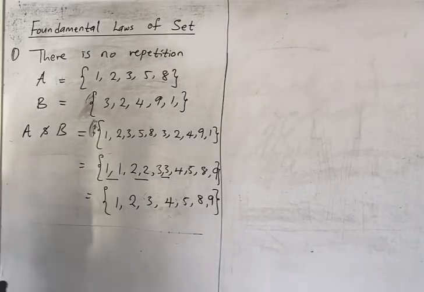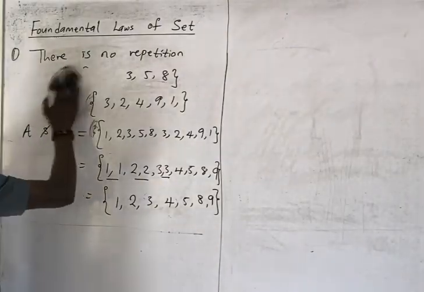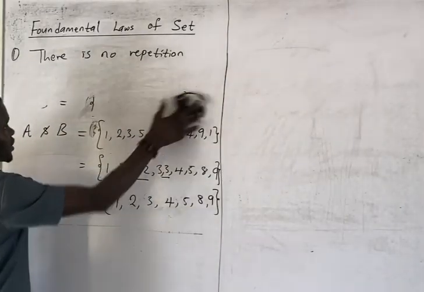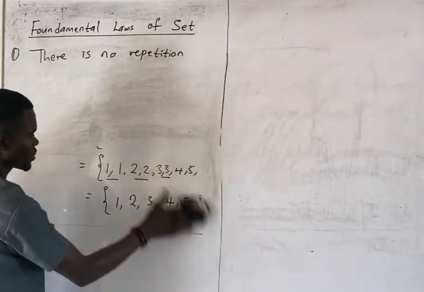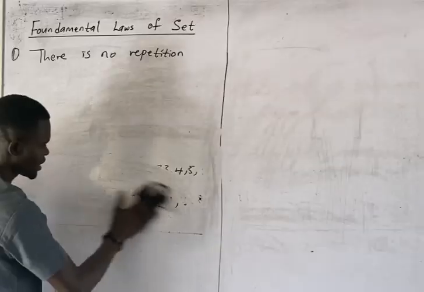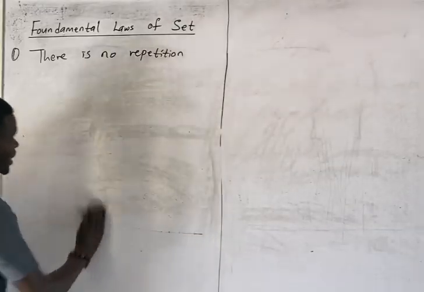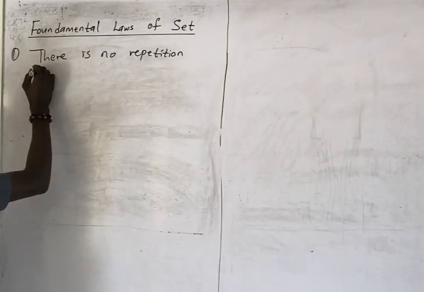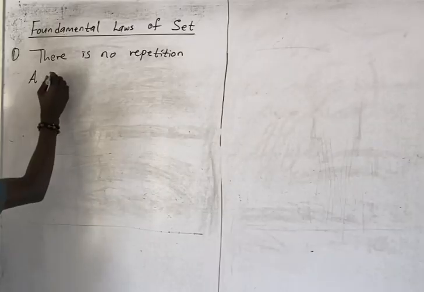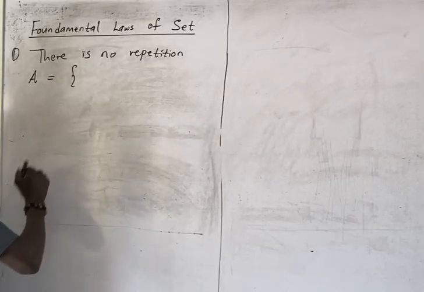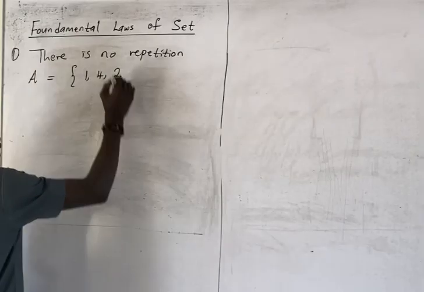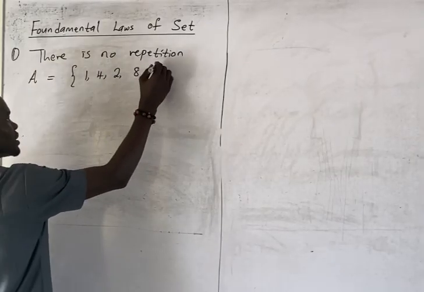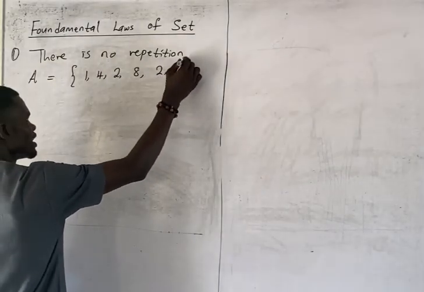There's no repetition in set. Please permit me to clean all this. So to drop one example, let's say you are given set A equal to 1, 4, 2, 8, 2, 1.